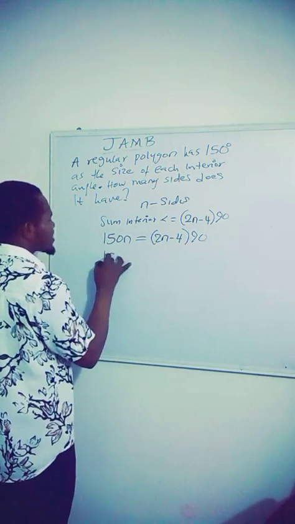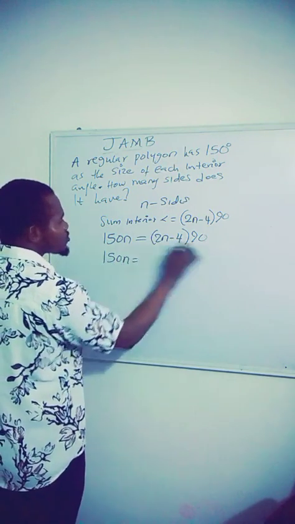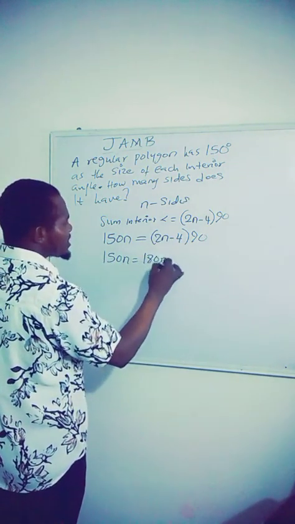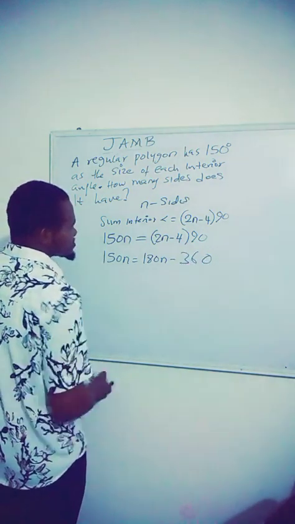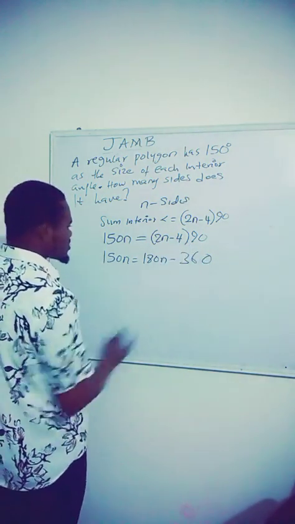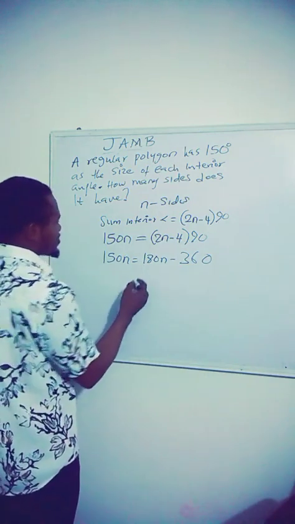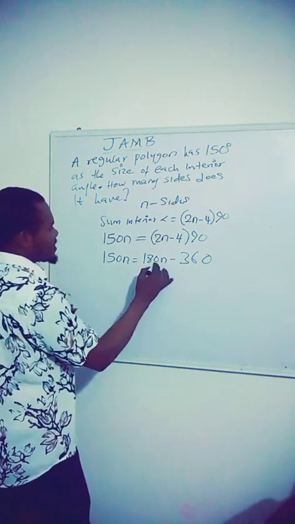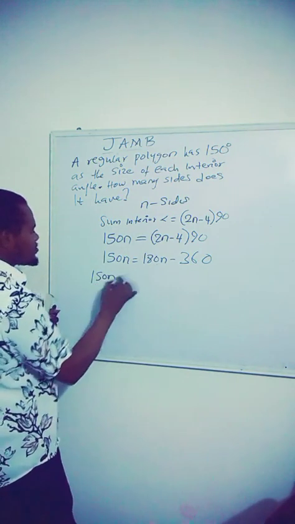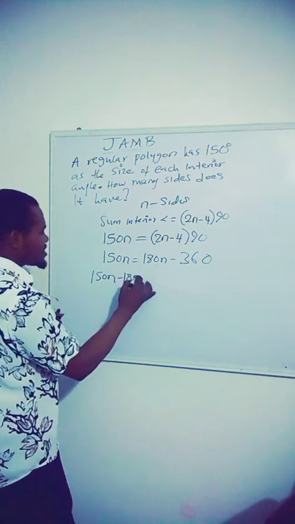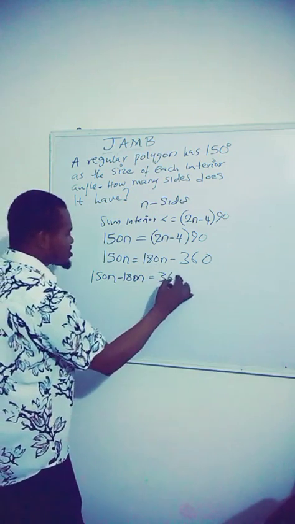So let's open the bracket. 150n equals 180n minus 360, isn't it? So let's collect terms. Let's bring this one to this place. We have 150n minus 180n equals minus 360.